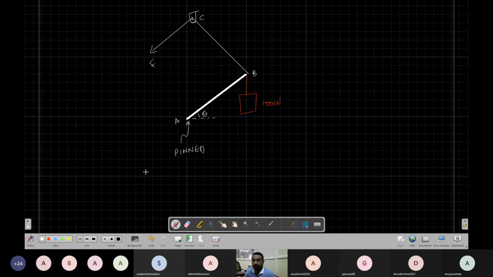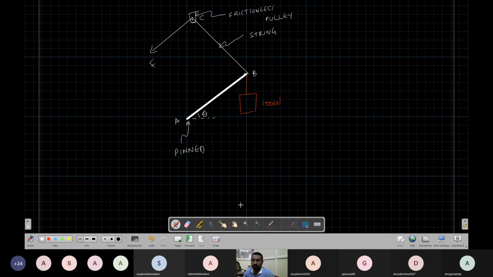This is a string, and this is a frictionless pulley. Okay, so a string is attached here. It is attached here. We pull it like this, with some force. This is let's say 100 km.